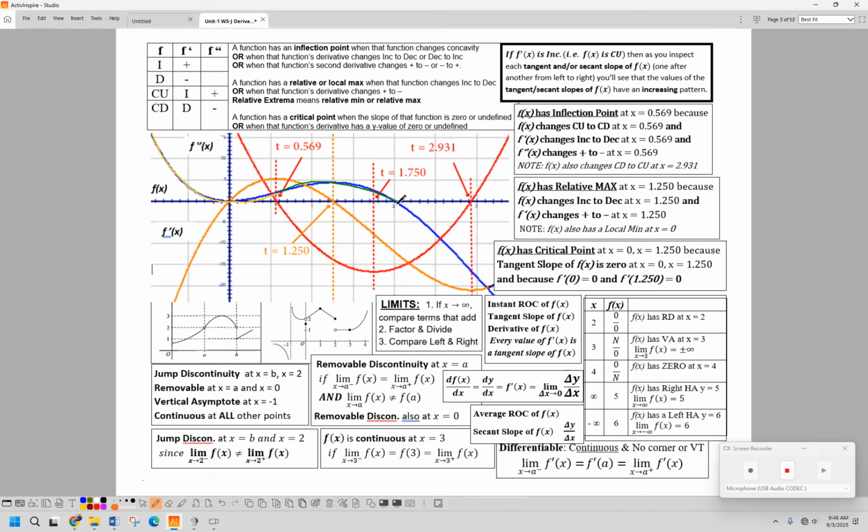But Danica's chart tells me what I need. It says, hey, when f did this, f double prime did this. So on number 35, I'm just looking to see when f double prime changes from positive to negative. That tells me when the graph I can't see changed concavity.